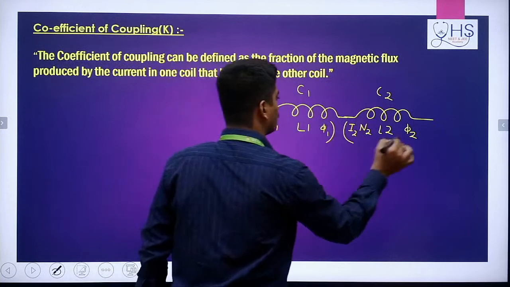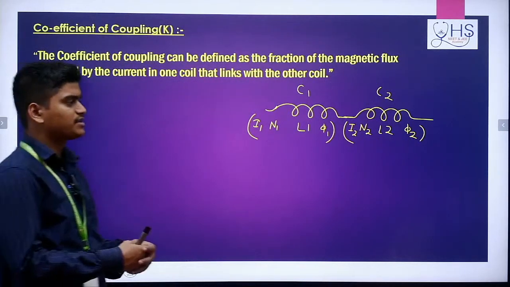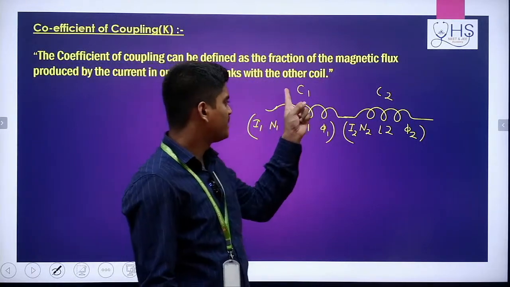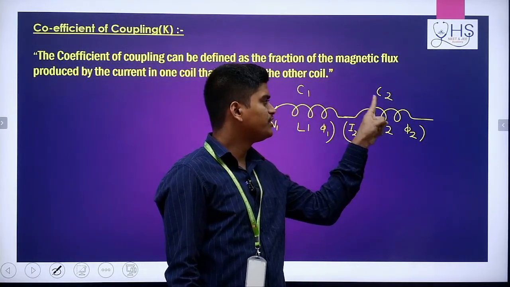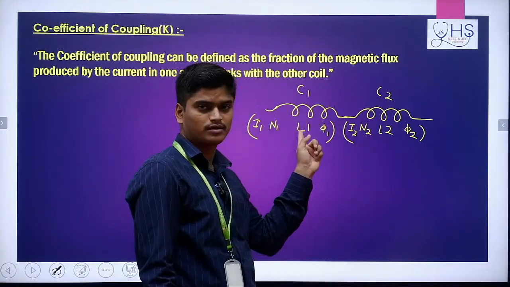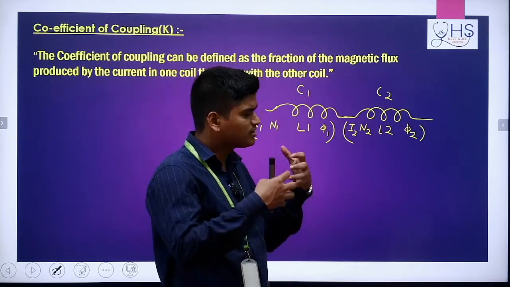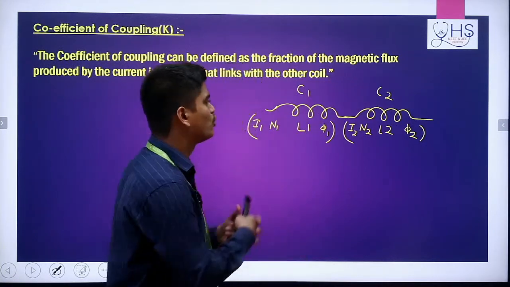Then there will be some interaction. The magnetic field of this one will affect the other one. Both the fluxes will get affected. Some interaction will be there between the two coils.